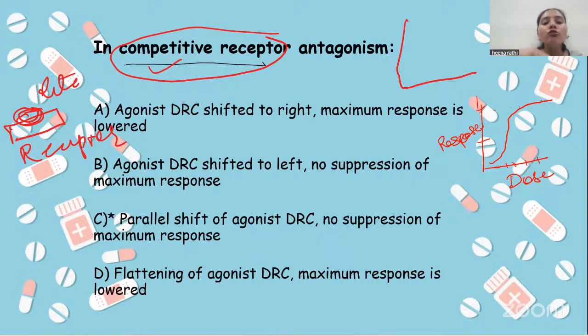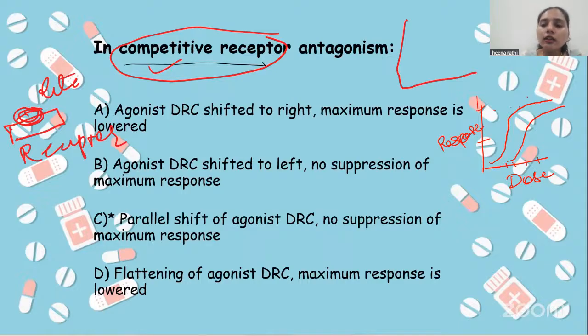If we add a competitive receptor antagonist in this place, there is still an increase in the response as we increase the dose of the drug.